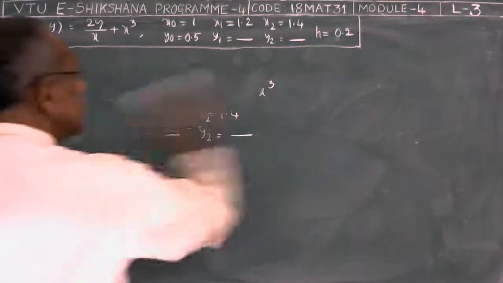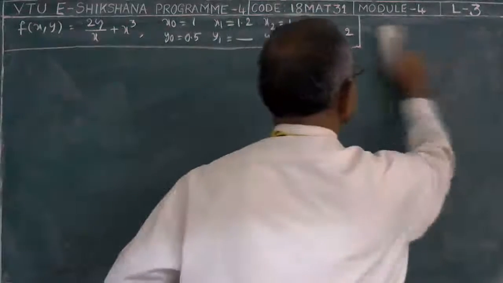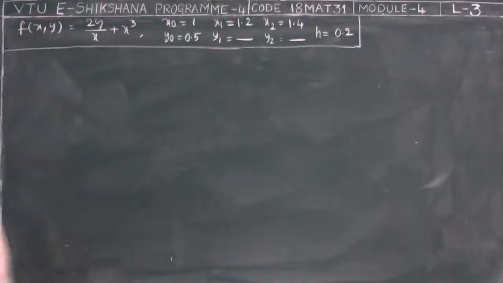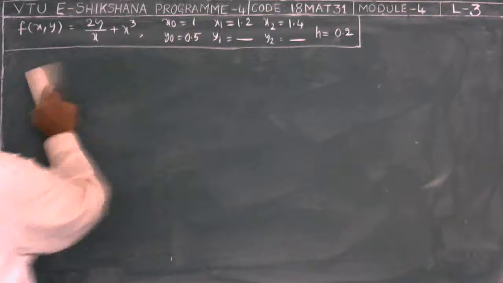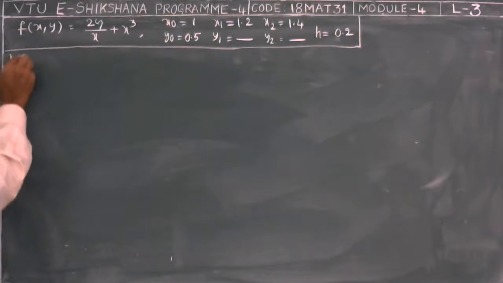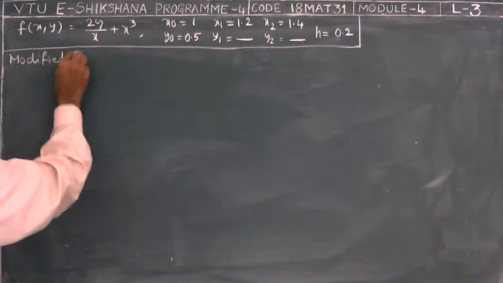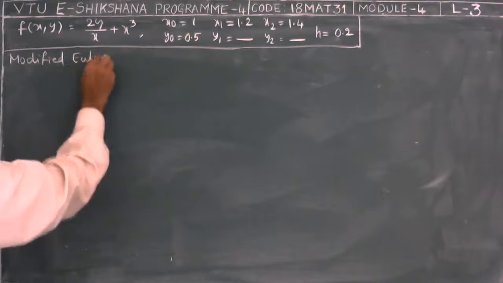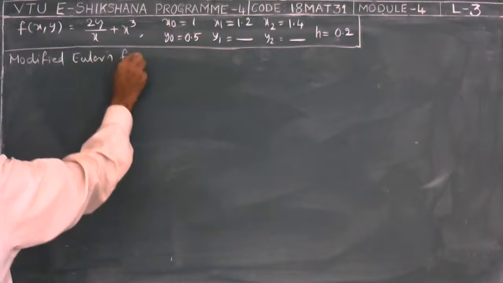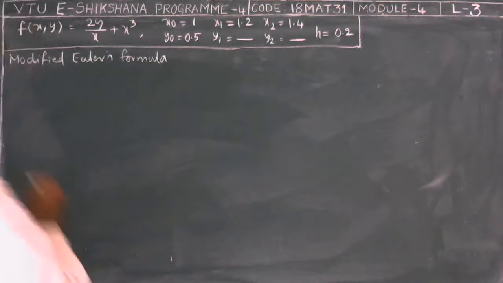Now, let me start the modified Euler's method to find values at these points of x. Let me write down the modified Euler's formula once again.